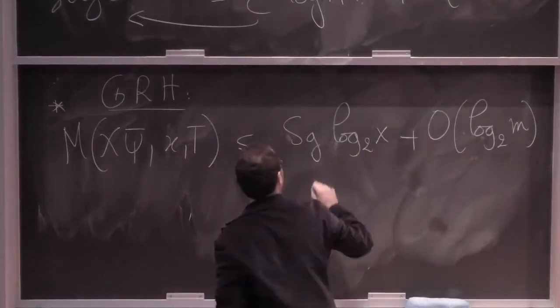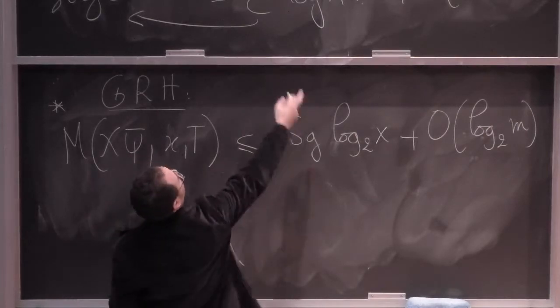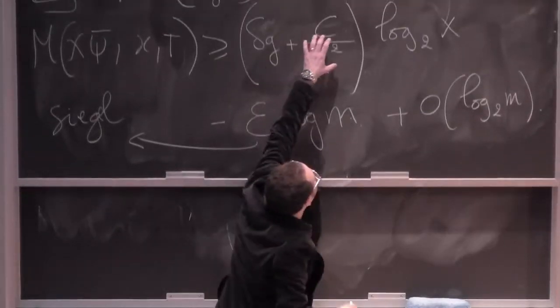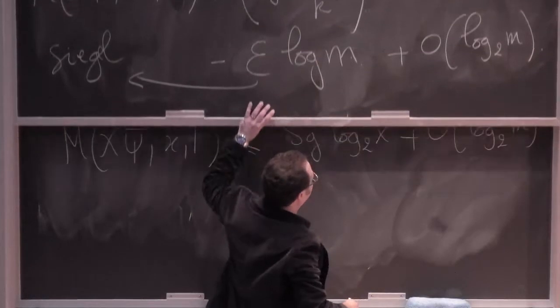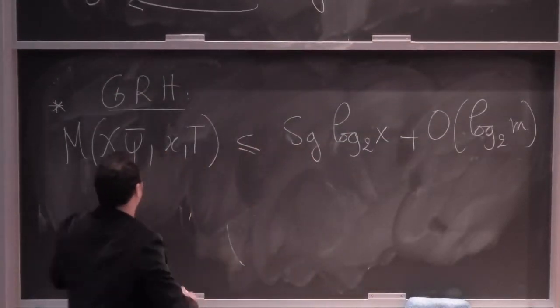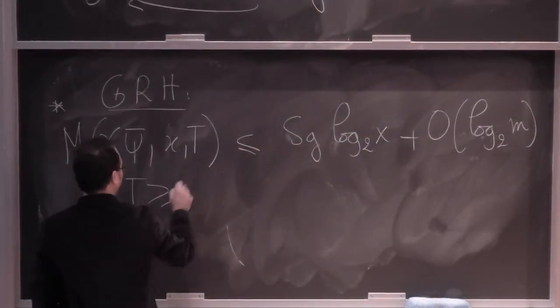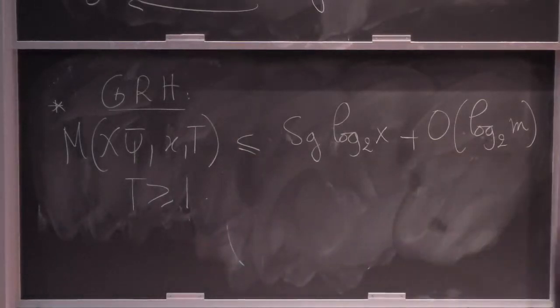Remember that m is really small. And so the extra term, or this extra factor here, disappears. And let me mention if t is greater than 1. And so this brings us all back to step 1, which is Halász's theorem.